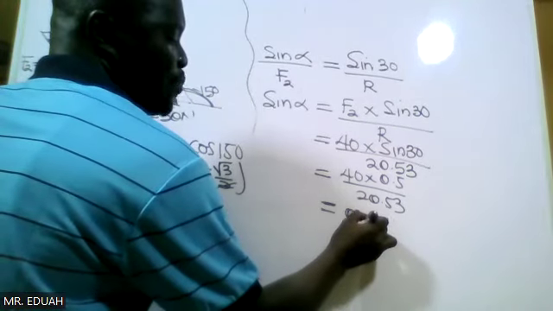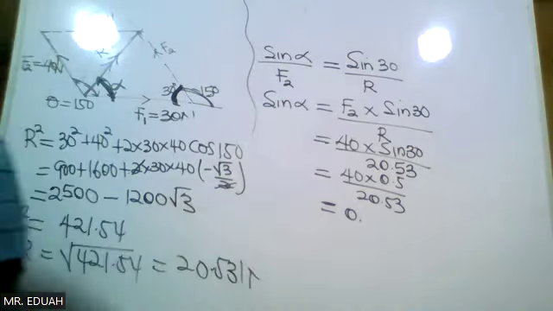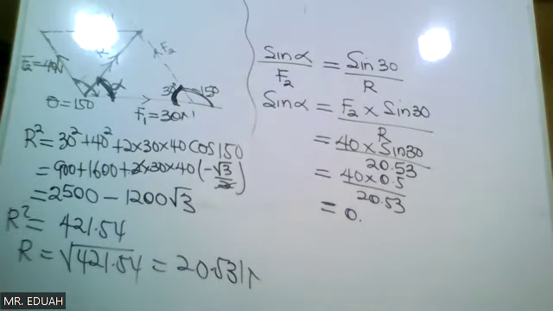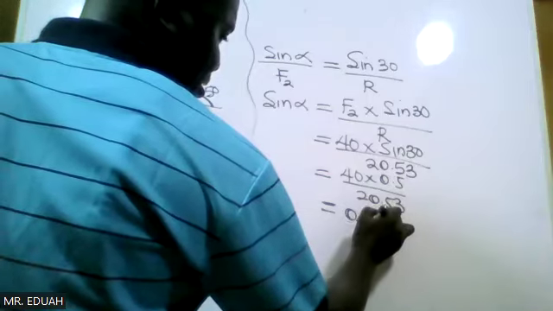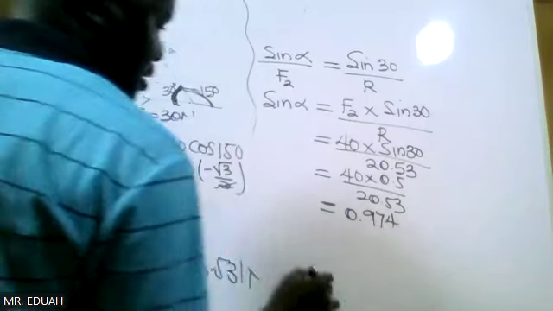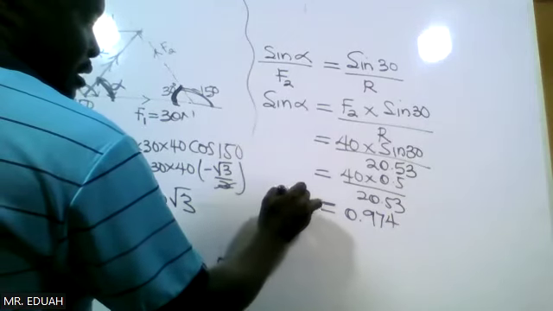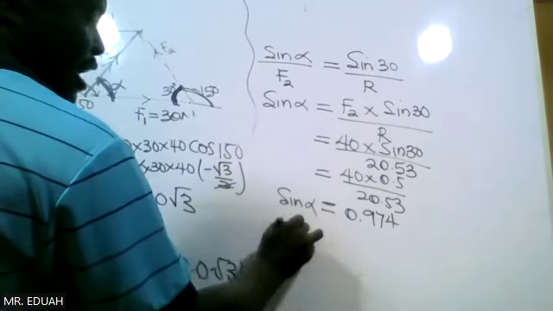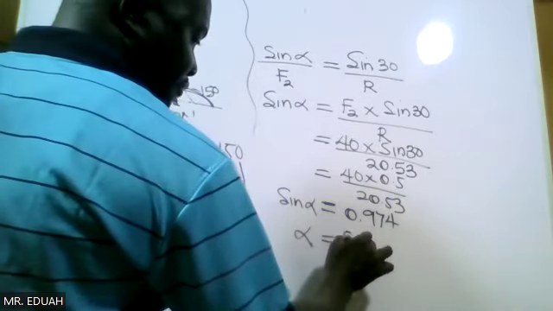20 divided by 20.53 is 0.974. Therefore, alpha will be equal to the sine inverse of this.